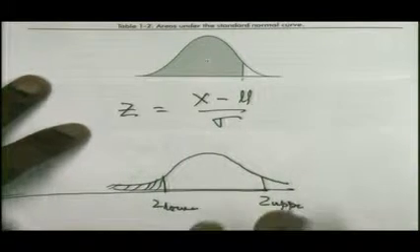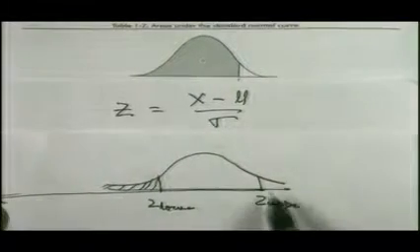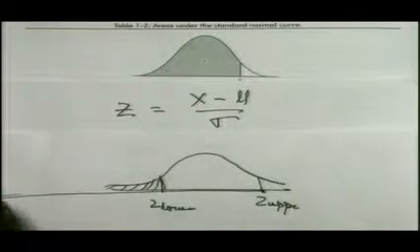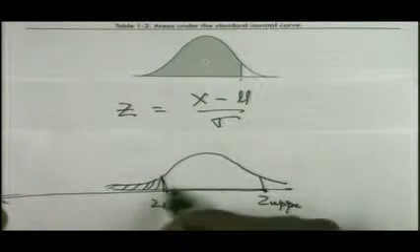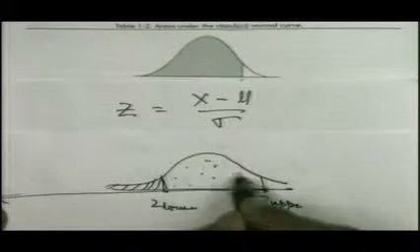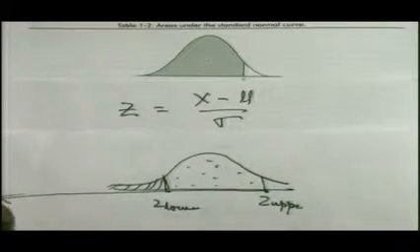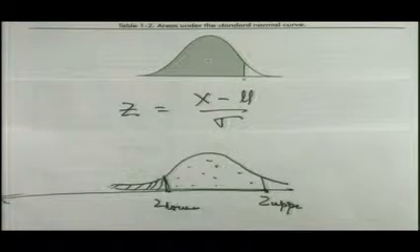If I subtract minus infinity to Z lower, I'm left with the middle one, which is all good. So he's asking what percentage of the parts will be acceptable.